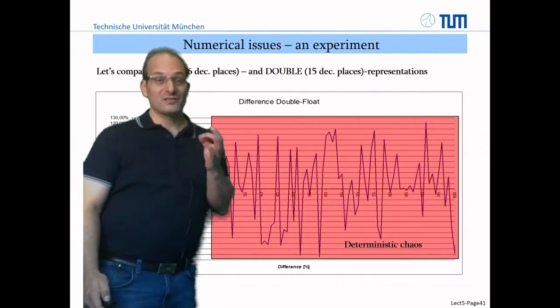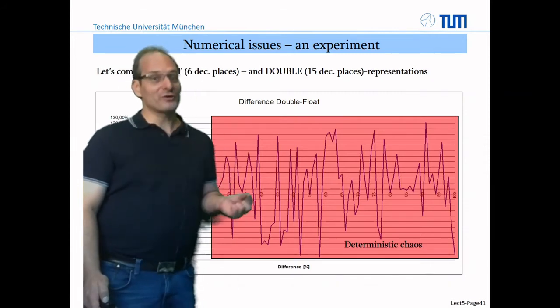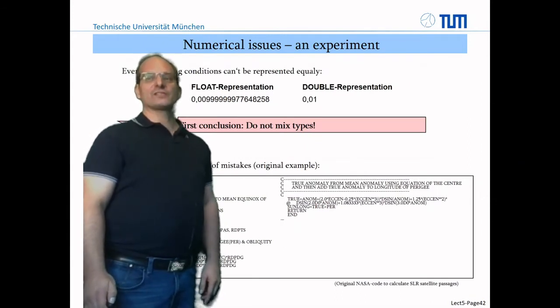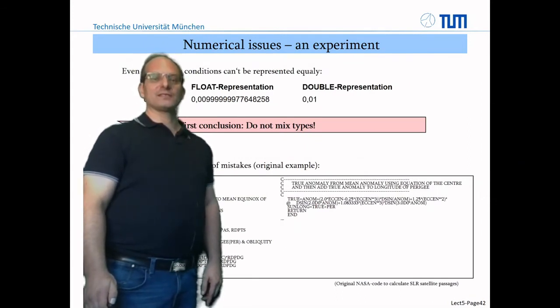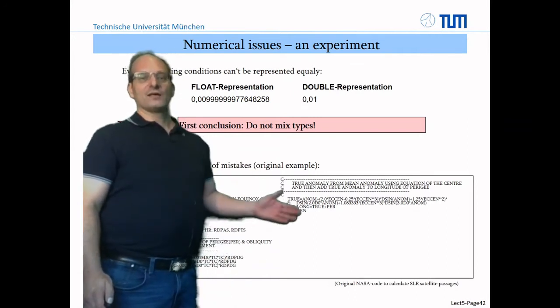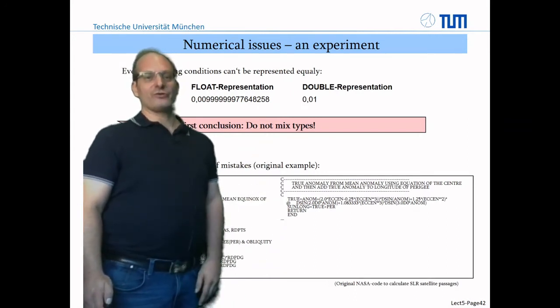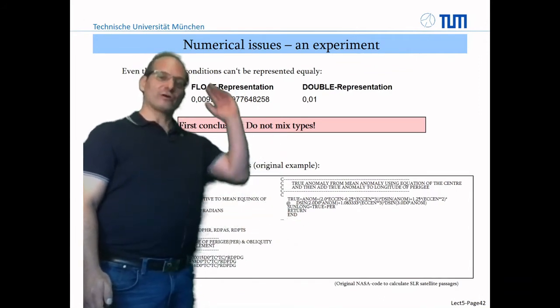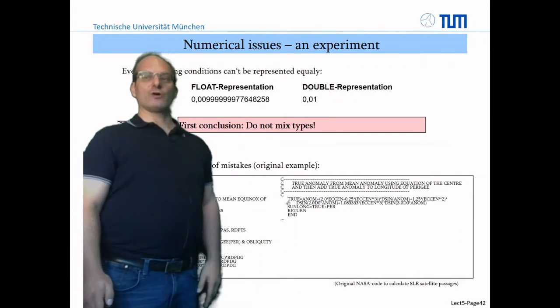And this still happens in modern computer systems. We did some calculations, for example, on moon orbits, and we came to results where the orbit is wrong by about 1 meter after 30 years if you use the wrong representation.